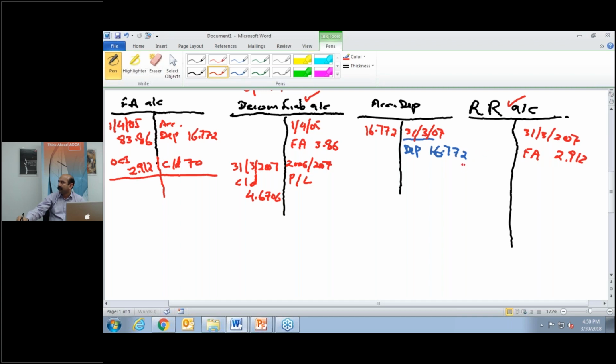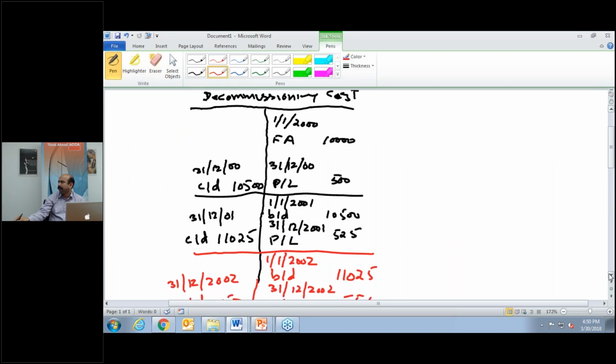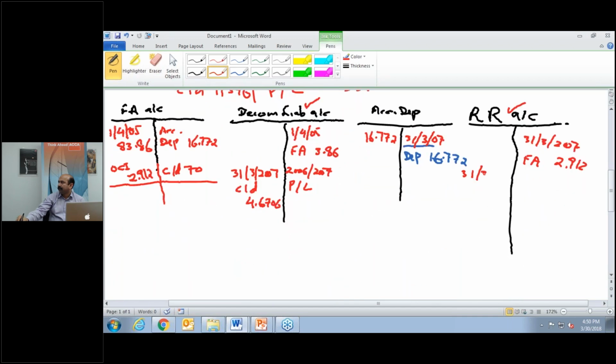So the same will be the closing balance. Closing balance will be 2.912.